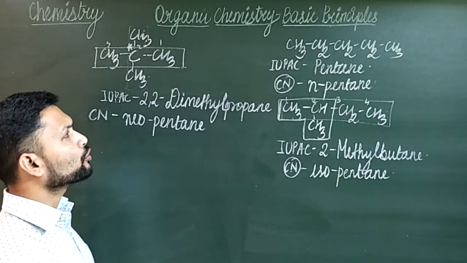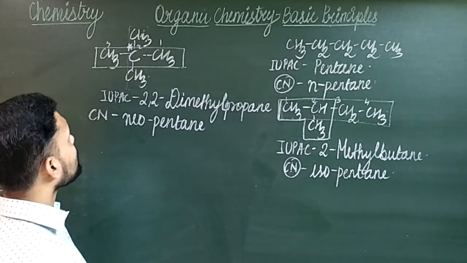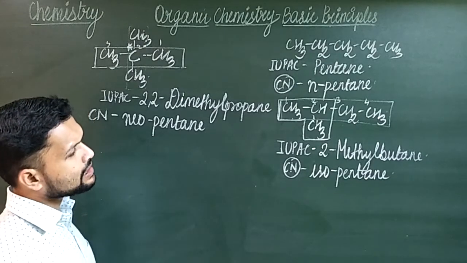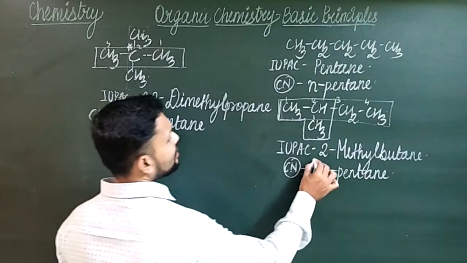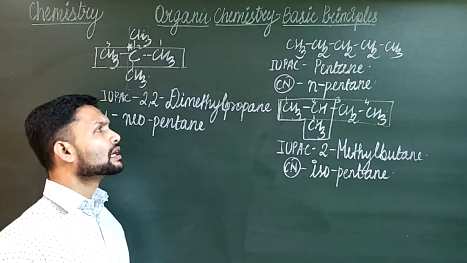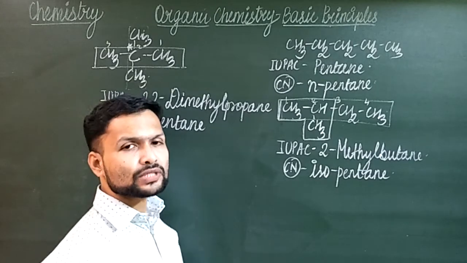Okay, so these are the IUPAC names of the isomers of the first 5 alkanes, and their common names. Generally for boards, reactions are asked only up to 5 to 6 carbons.